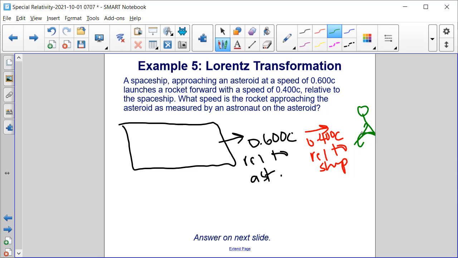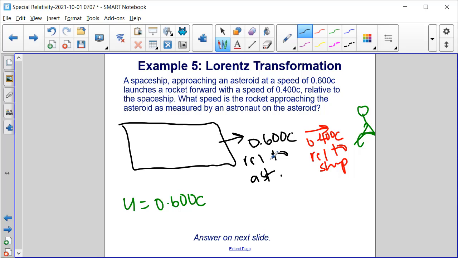That's my stationary observer, right? So this is a lot like the previous example problem. In this case, the agreed upon velocity will be the velocity of the spaceship, 0.600 c, because it's relative to the at-rest observer. The spaceship is approaching the asteroid at 0.600 c, but from the perspective of the ship, the asteroid is also approaching at that same speed.